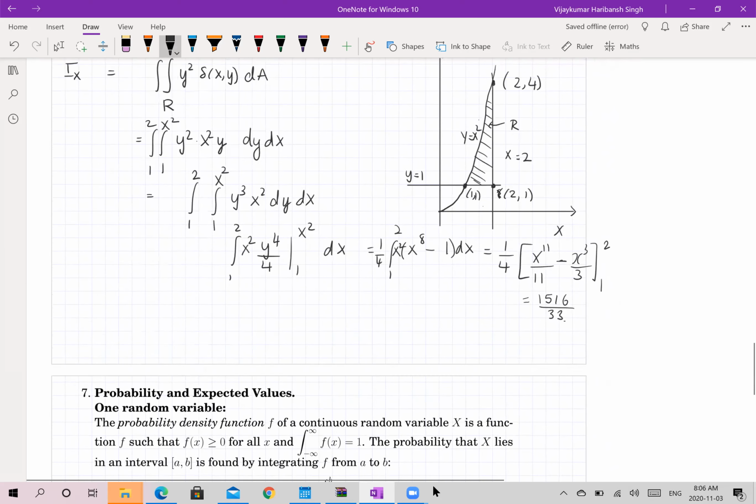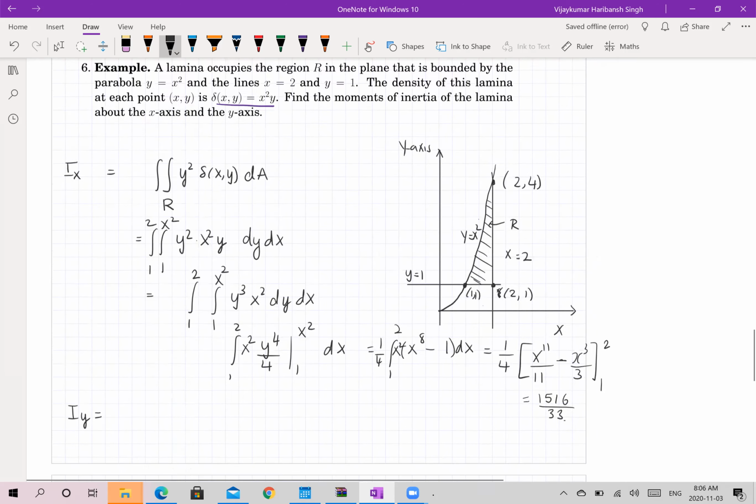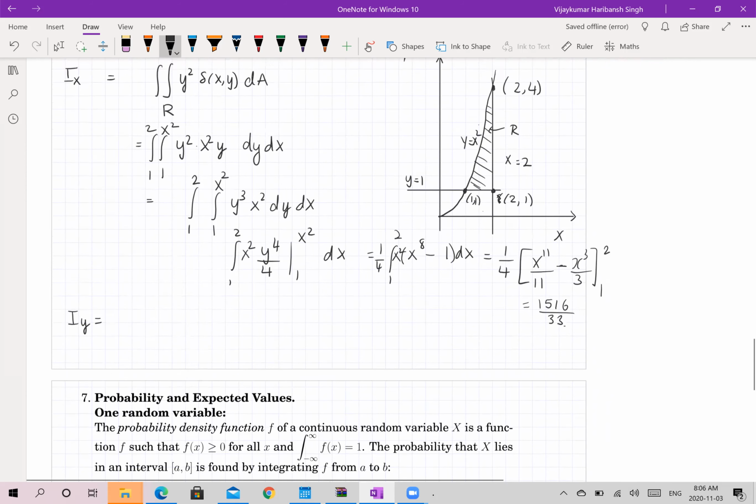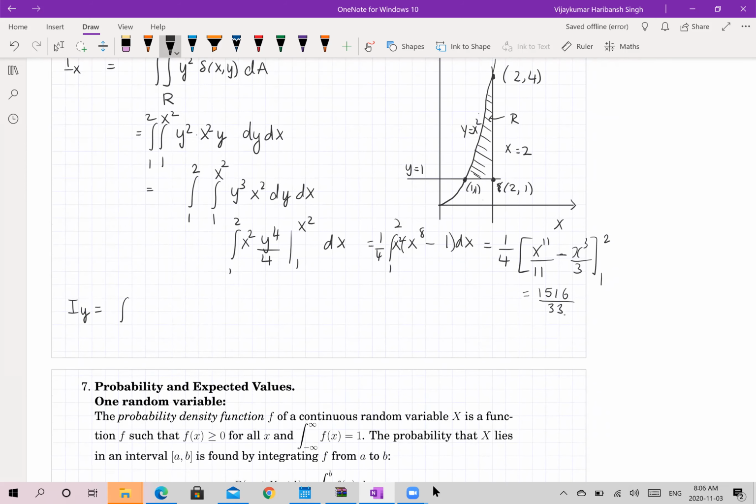Okay. Similarly, what is your Iy? So the moment of inertia around the y-axis is essentially, again, the region remains the same. It will be x squared times the density function, which is x squared y, dy dx.